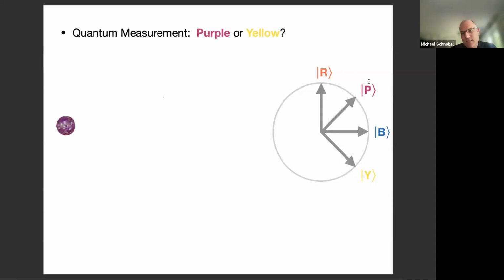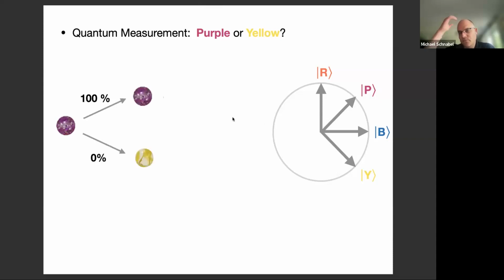Okay, let's see. We have this purple marble, and now we ask, on the slide before I asked, are you red or blue? There we know we would have to project it on these states and then calculate the probability for the outcomes. Here now, I don't ask, are you red or blue, but I ask this purple marble, are you purple or are you yellow? The outcome can only be purple, because this purple state has 0 projection on yellow, so 0 probability.